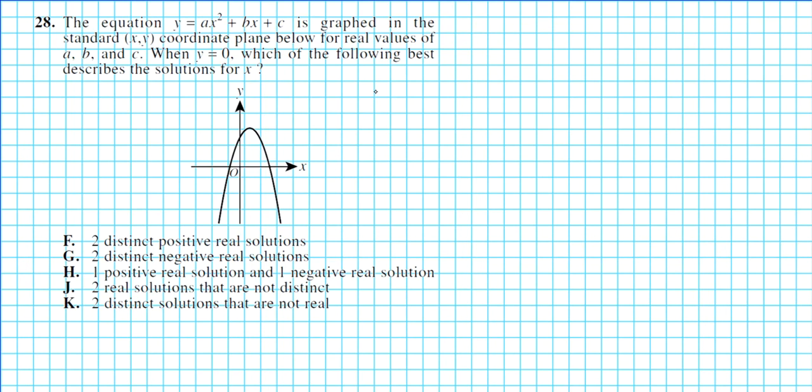So what you want to remember is the connection between the solutions of a quadratic equation and what it looks like on the graph. Okay, so recall the graphical solution to a quadratic equation is what?